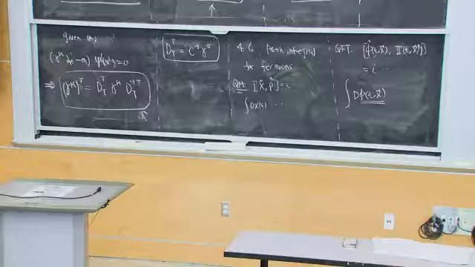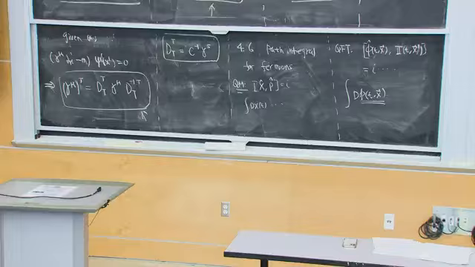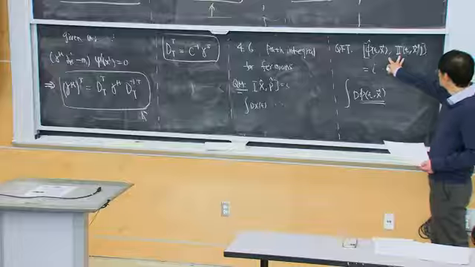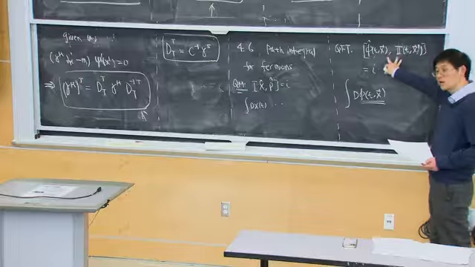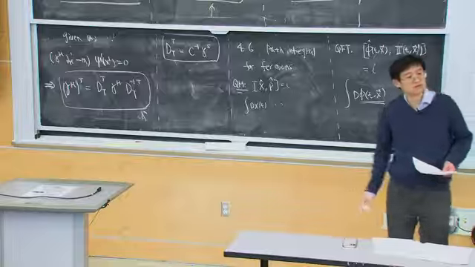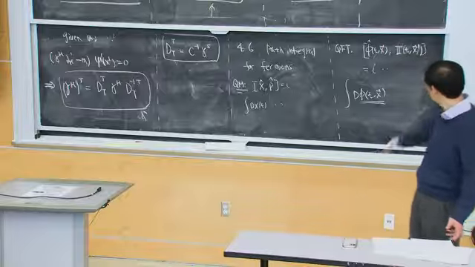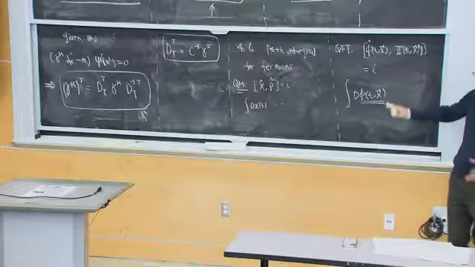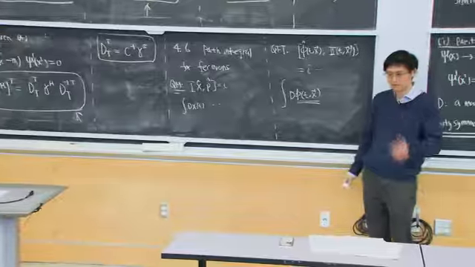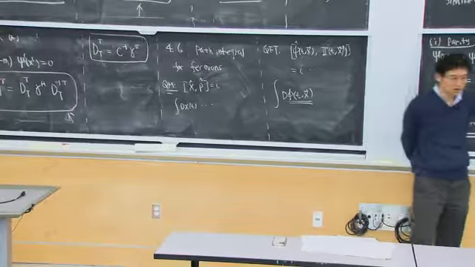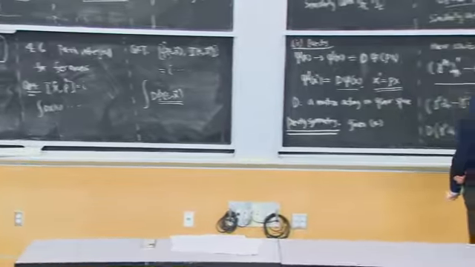Now we have to do fermions. We have to do psi. Psi is a little bit weird because, as we discussed before, you no longer have the commutator, you actually have an anti-commutator. So what do you do? Do you still follow the same rule, or do you have to change the rule? That was actually a question.